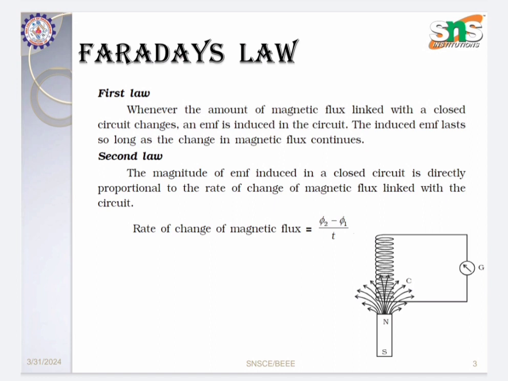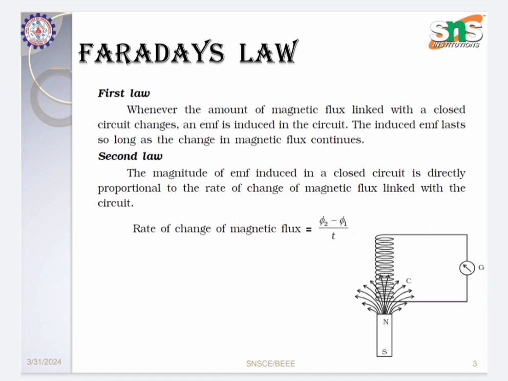There are two cases. Either the magnetic field remains constant and there is a movement of the conductor, or the conductor remains constant and the magnetic field keeps changing. Under both conditions, an EMF is induced.